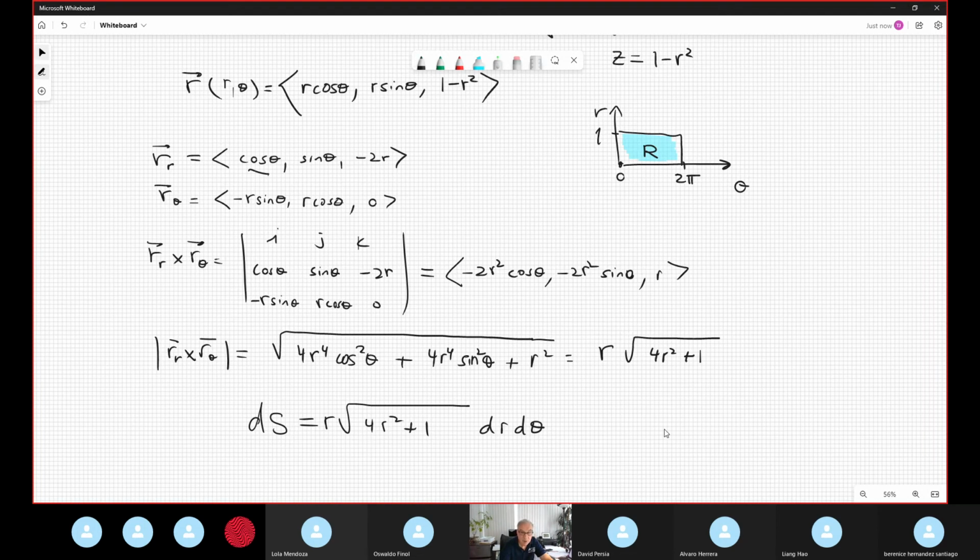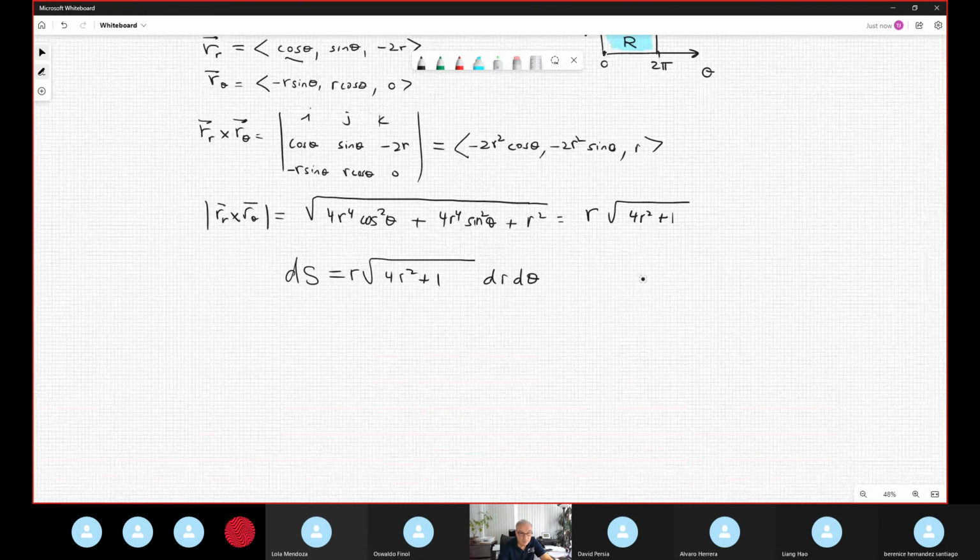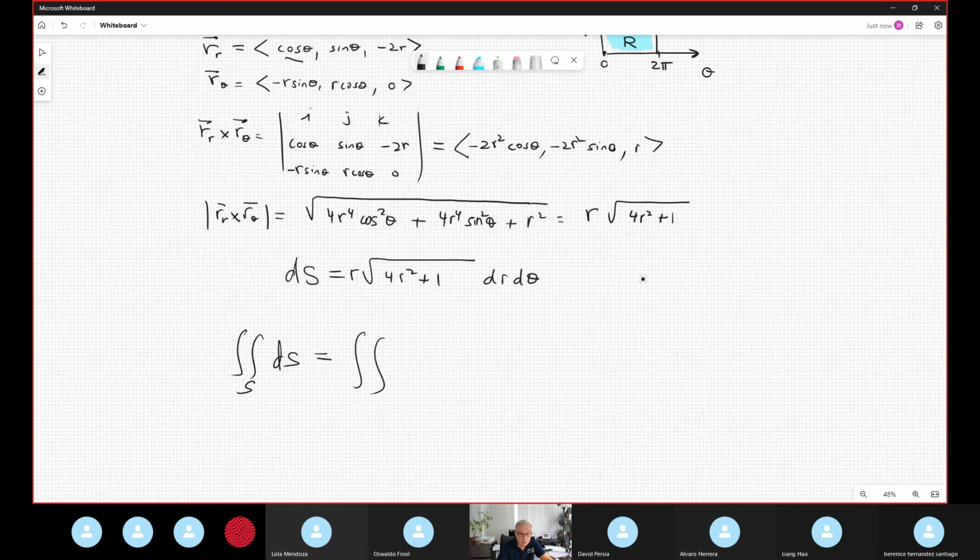Now, to compute the surface area, you convert to a double integral, the integrand function is 1, you copy here the dS, r square root 4r squared plus 1 dr d theta.